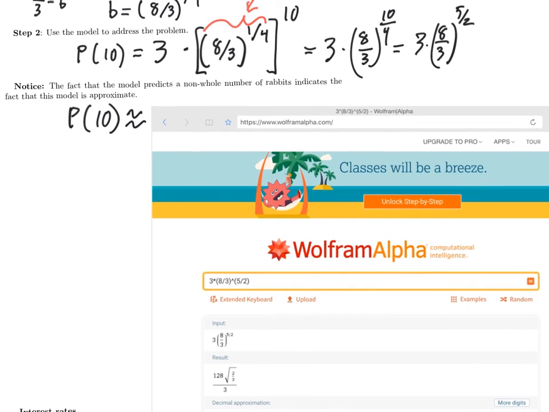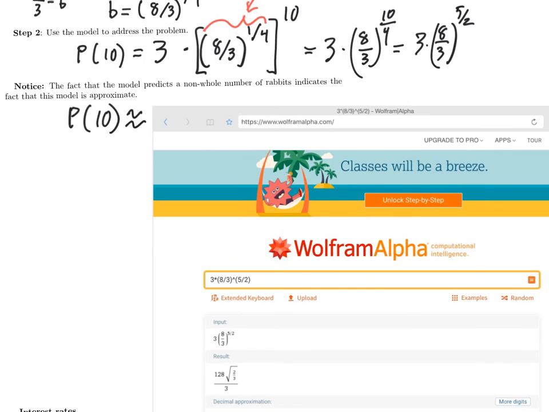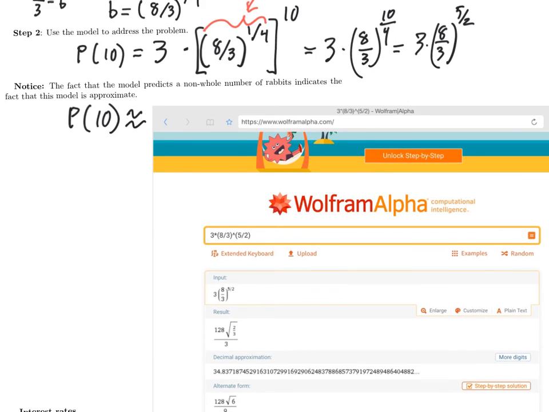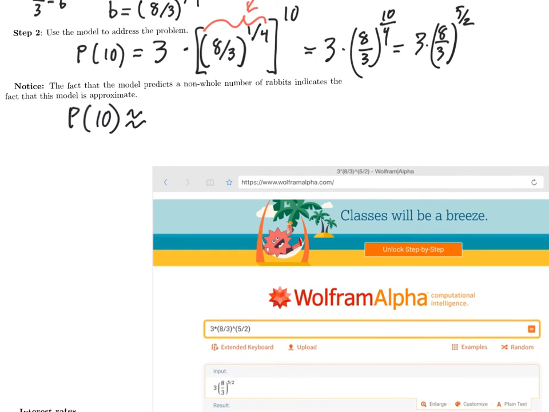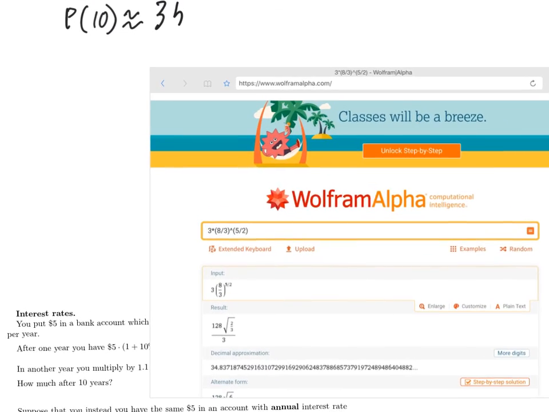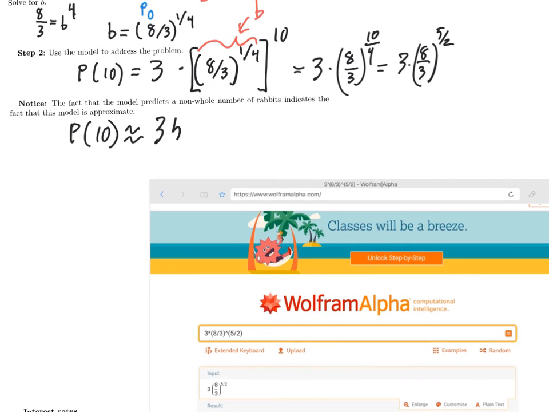And let's see what the result was. Around 35 rabbits. So population at time 10 is approximately 35, and well, let's give more digits: 34.9 rabbits.